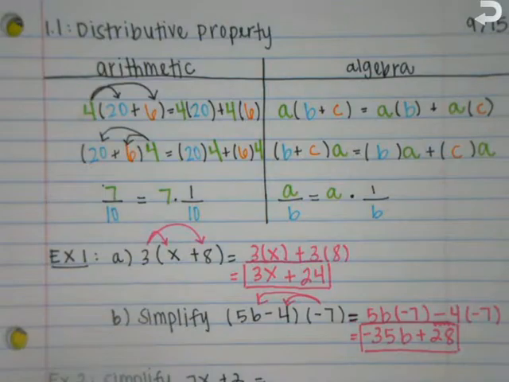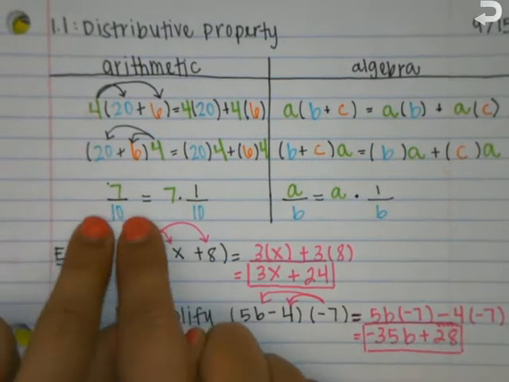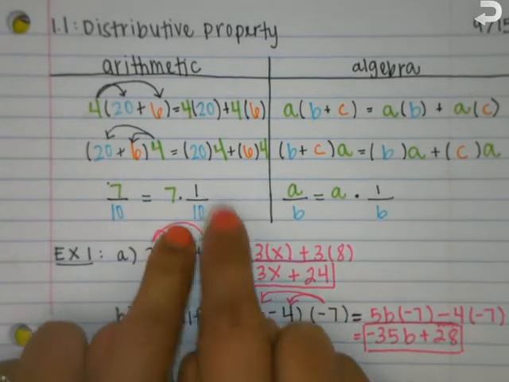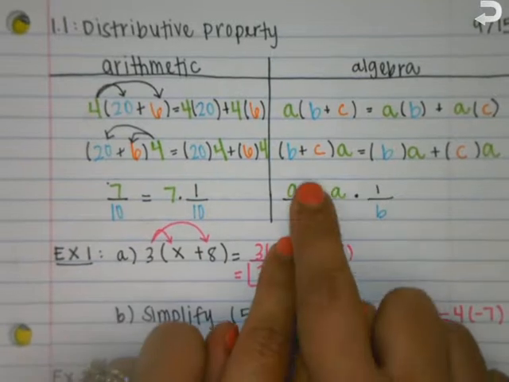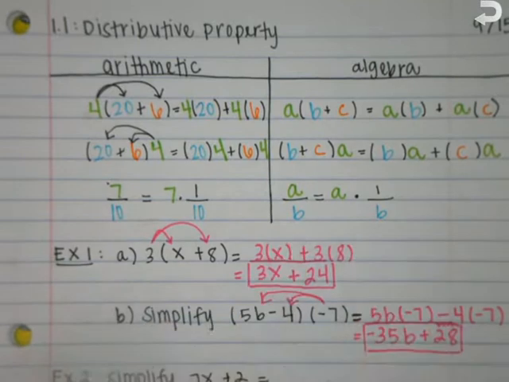Okay, so when we add to our T-chart, I want to talk about fractions a little bit. If I give you the fraction 7/10, that is the same as saying 7 times 1/10. Do you guys agree? Okay, so let's write that in algebra. A over B is the same as saying A times 1/B. You kind of already did that in part B in the practice ones that you just did.